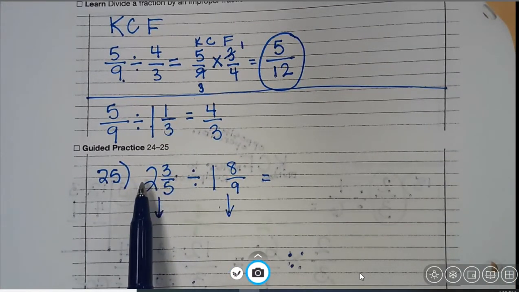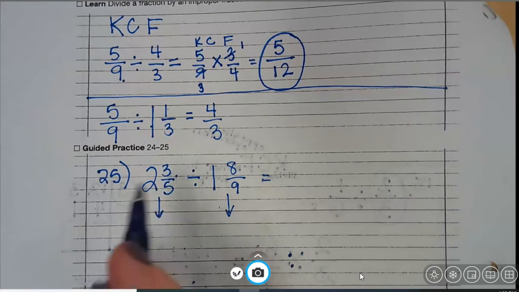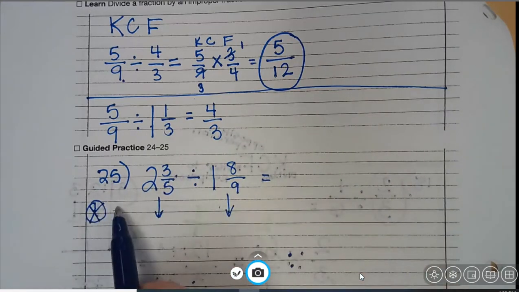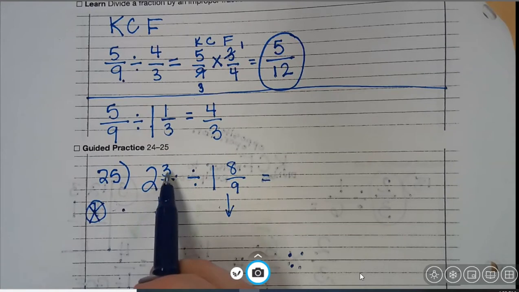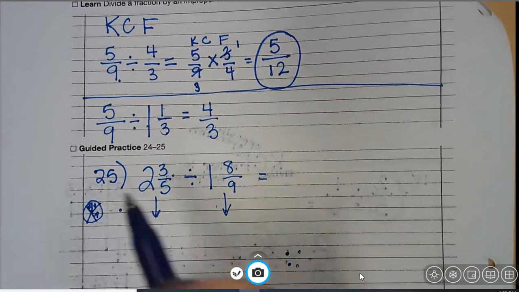So if I had 2 bars or 2 circles or 2 pies and I split it into fifths, that would be 10 parts, because 1 pie split into fifths would be 5, and then having another one of that would be another 5, so that would be 10. And then having 3 more colored in on a third one would be another 3. So 10 plus 3 is 13.